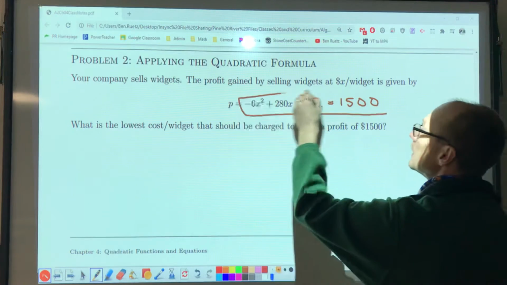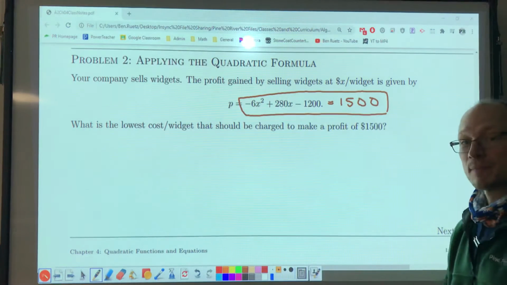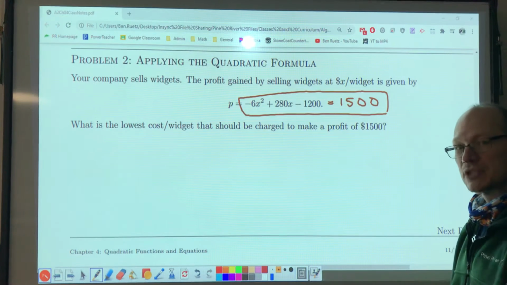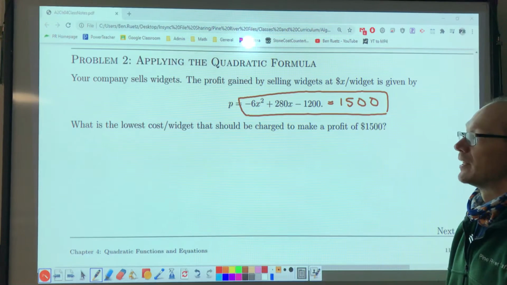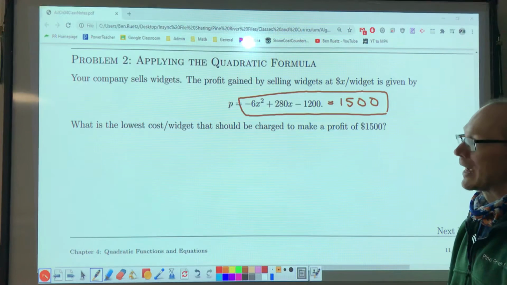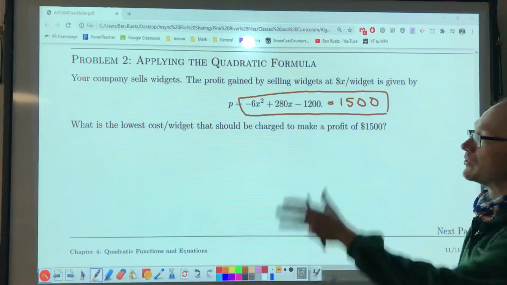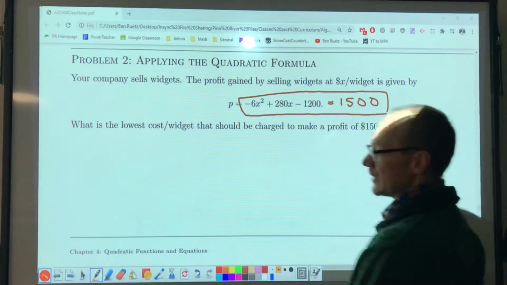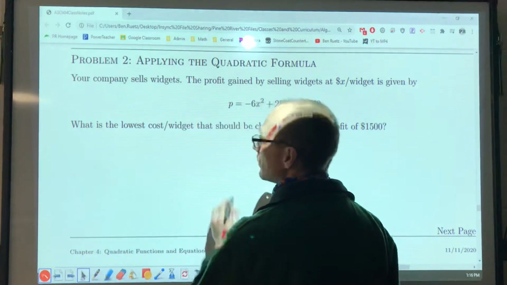So really, I want to solve this. Well, let's just subtract $1,500 from both sides and then use the quadratic formula from there. Can you use graphing for this? Yes, you absolutely can use graphing for this. Could you divide everything by things to get the numbers simpler? Yes, you can. Check the answer key, email me with questions on that one.